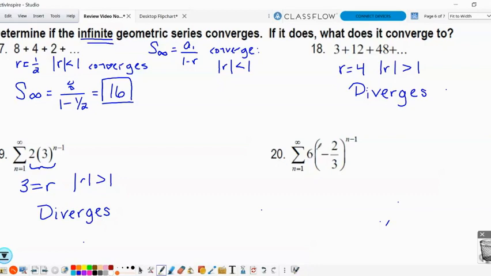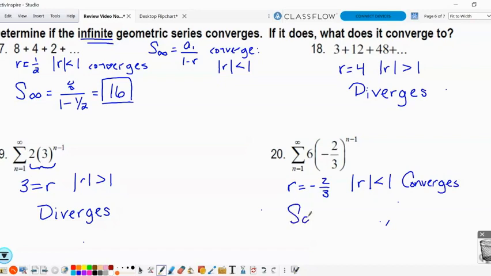In number 20, similar scenario, we have the formula for our geometric series right next to the sigma notation, and we're looking at a common ratio of -2/3. Because the absolute value of -2/3 is less than 1, then this series will converge.